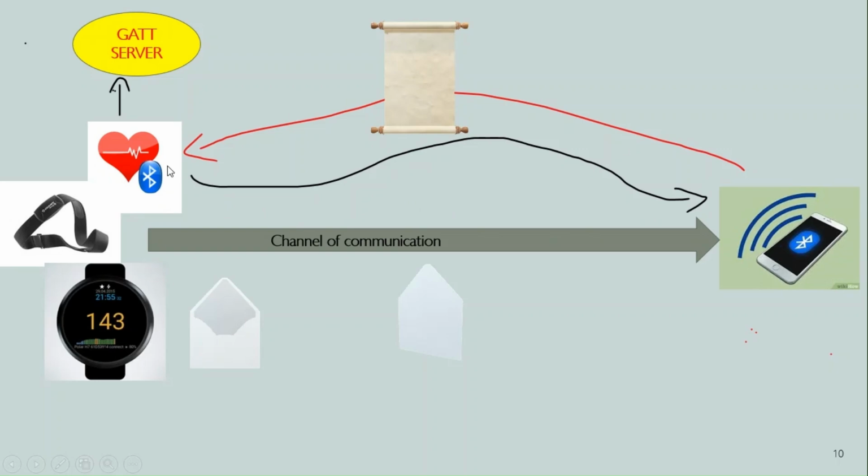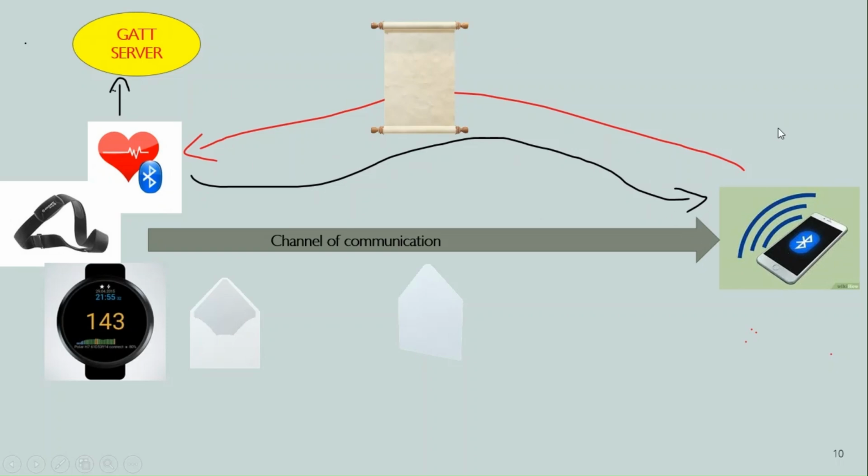Okay, so one important thing is that in BLE, anyone can act as a server and anyone can act as a client. For example, initially this will act as a server because it's providing some data to the Android phone, it's telling you what your heart rate is, and that heart rate is displayed on your Android phone.